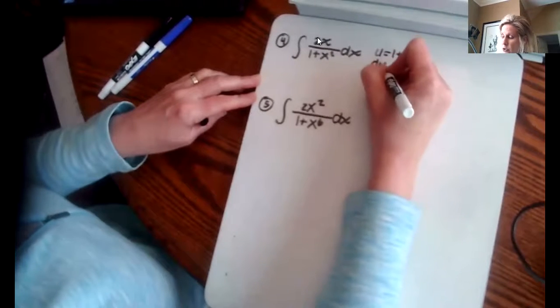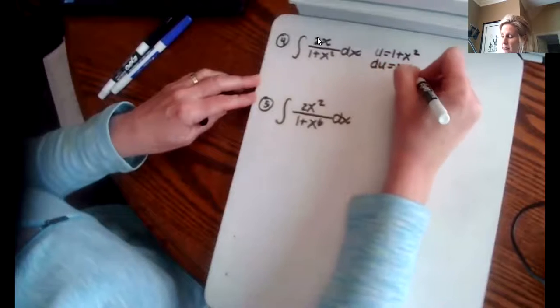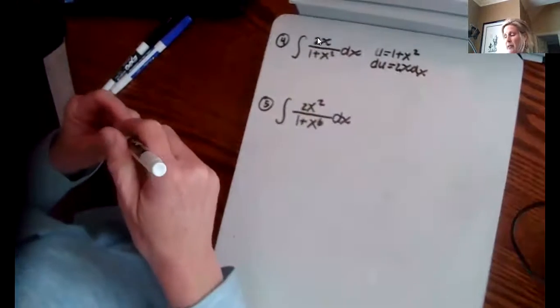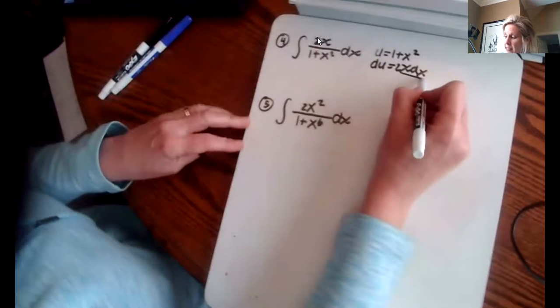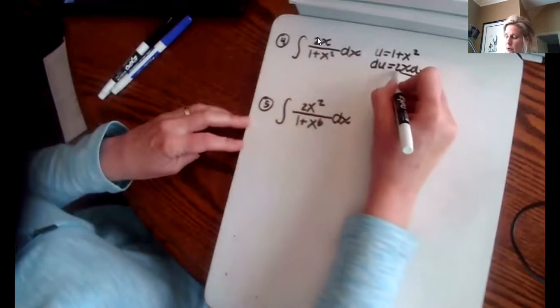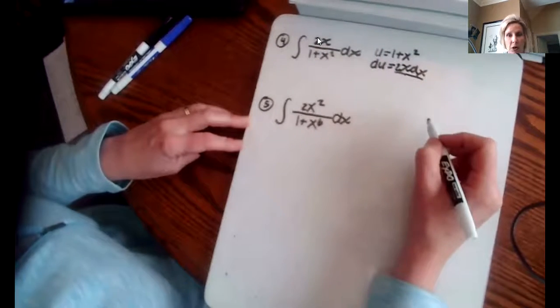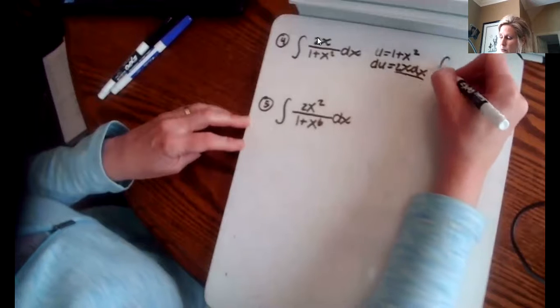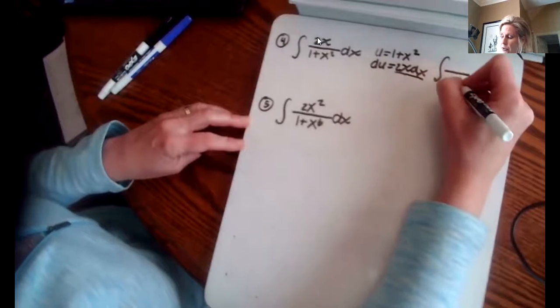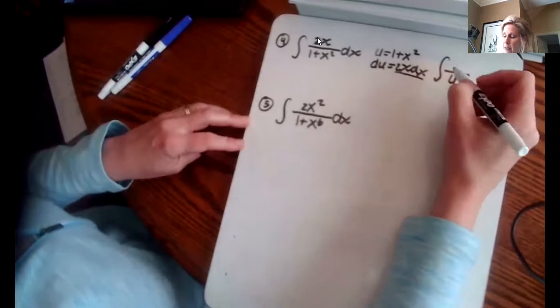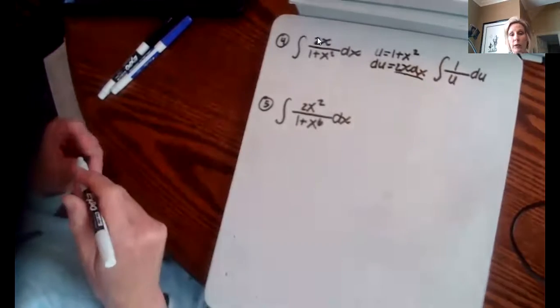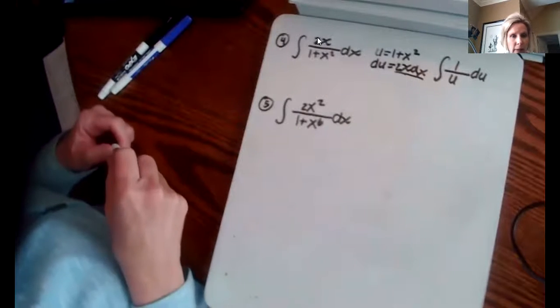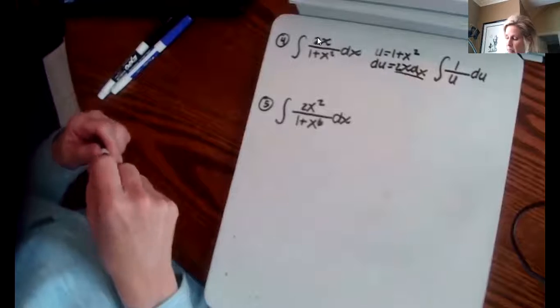Then when I do du is 2x dx, I realize that I can proceed here because the whole 2x dx is what's on top. So that tells me that I'm going to rewrite this one with u on the bottom, and then the 2x dx becomes du, and so it's just the ln format, okay?